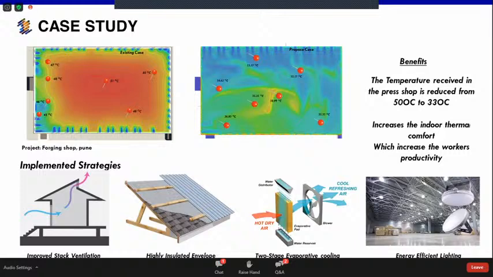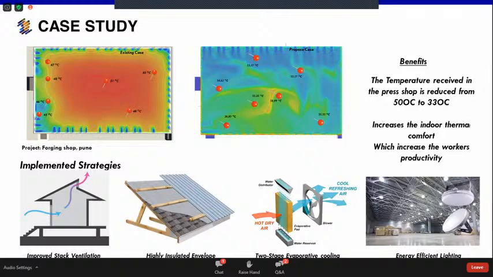With a lot of strategies discussed, the first and foremost strategy which everybody would know is incorporating stack ventilation. So we proposed a stack ventilation, a ridge ventilator at the top of the plant that helps to increase the airflow ventilation in the building.